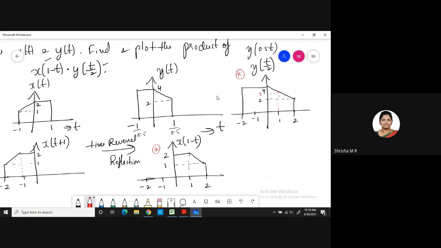As you can see, x of 1 minus t exists from 0 to 2, whereas y of t by 2 exists from minus 2 to plus 2. So the product of x of 1 minus t and y of t by 2 will exist from 0 to 2. We shall see that.